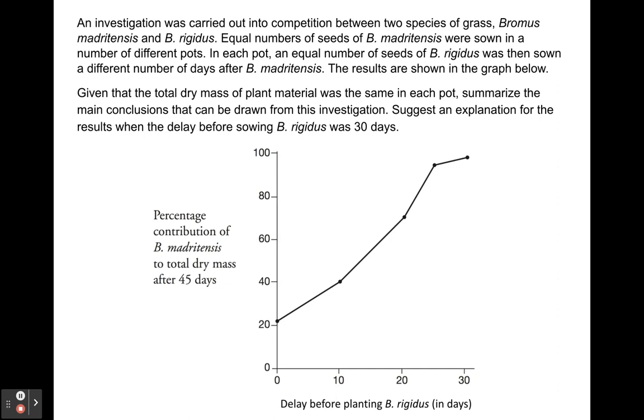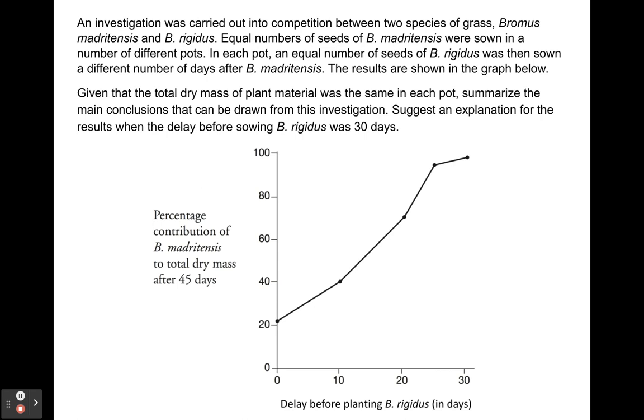Suggest an explanation for the results when the delay before sowing rigidus was 30 days. So think about that question. And I want you to go ahead and answer the question that pops up now.